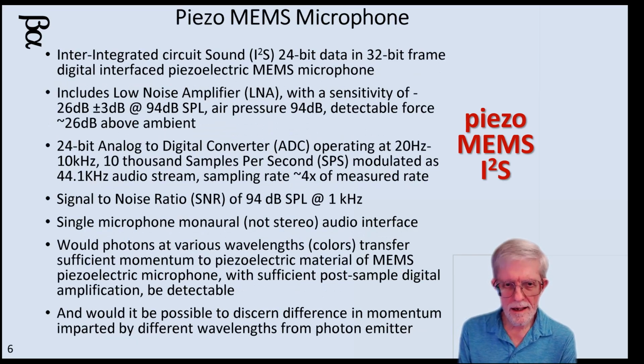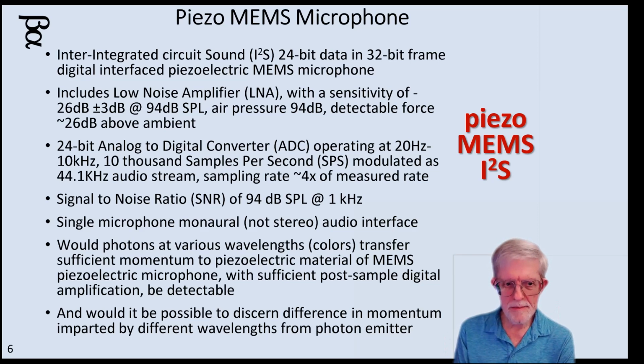So this little piezo MEMS microphone has an interface called integrated circuit sound, or I2S. It produces 24-bit audio data, like sound system, and it puts it in a 32-bit data frame, and it sends those periodically.